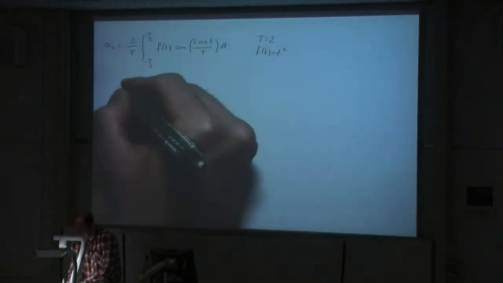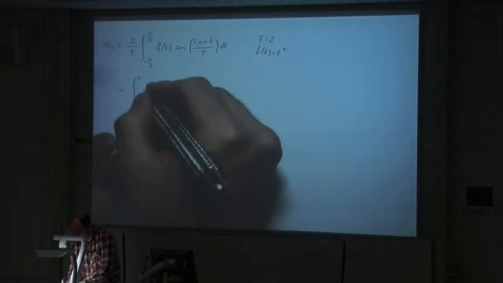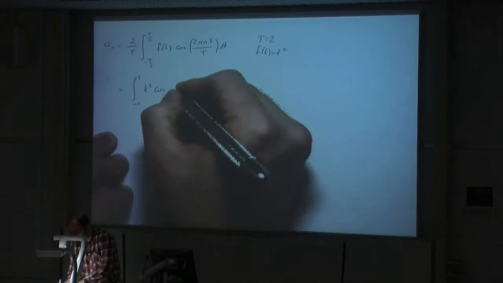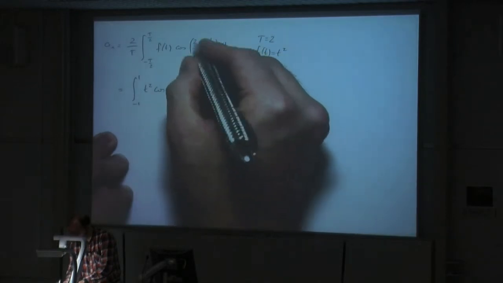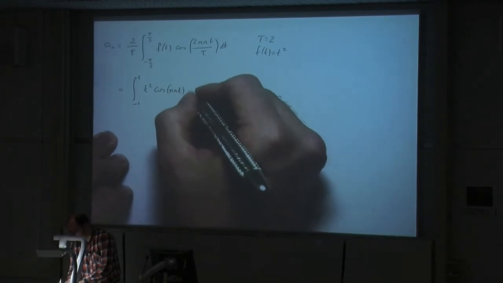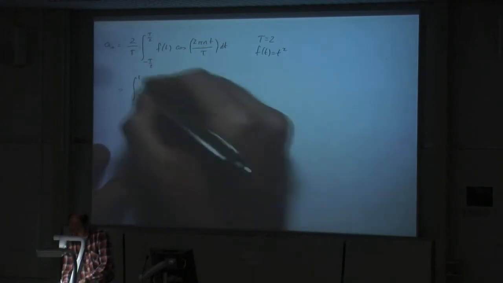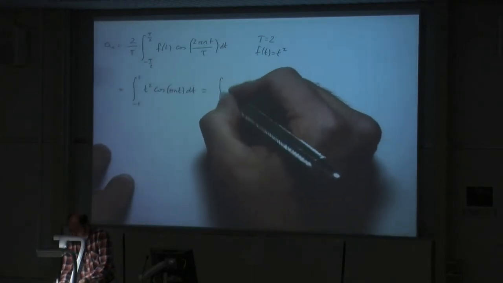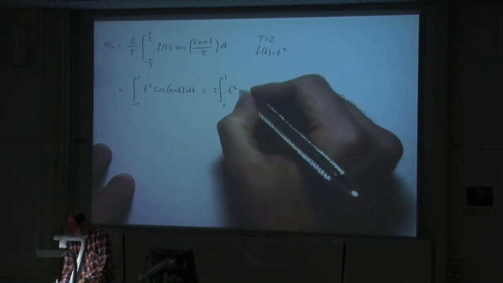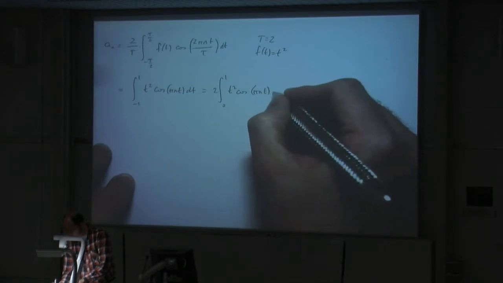So we can put that in here: minus 1 to 1, t squared cosine of, obviously that cancels with that, so we end up with cosine of n pi t dt. And obviously it's an even function, so we've got 2 between 0 and 1 of t squared cosine of n pi t dt.